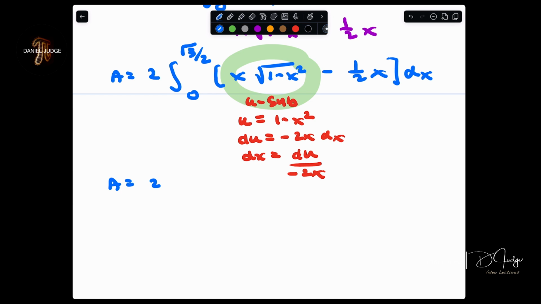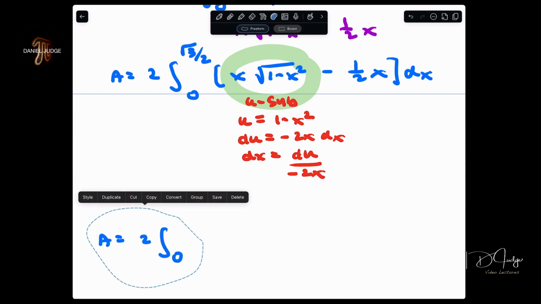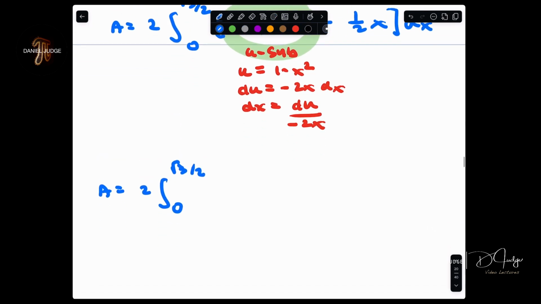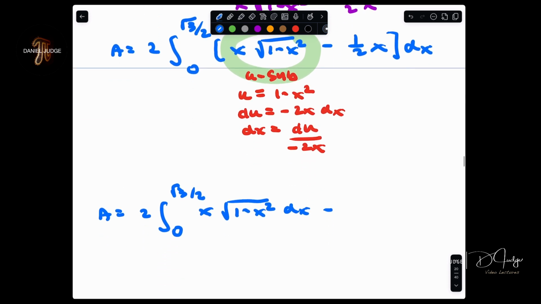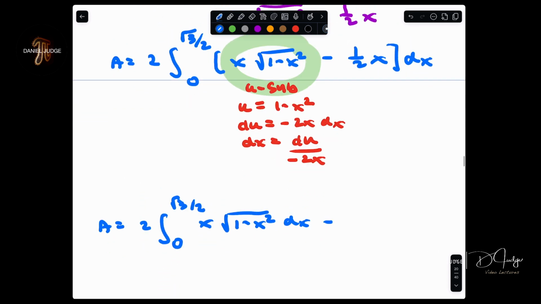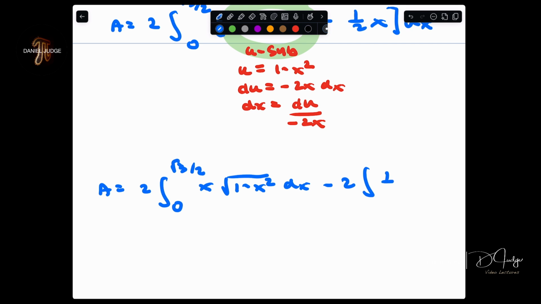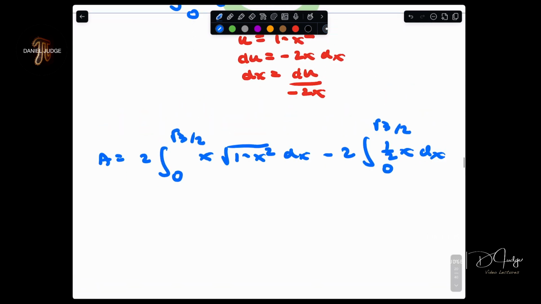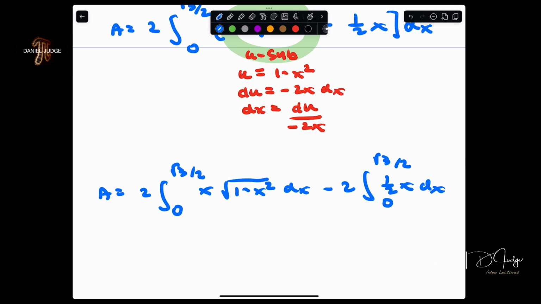So you have 0 to the square root of 3 over 2, x square root 1 minus x squared dx, minus that 2 is still there, and we're going to integrate 1/2 x dx, the same limits. So I'm going to have to separate it again where the u sub information goes down here.